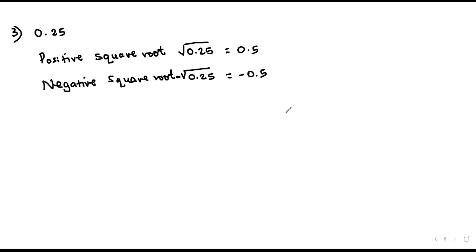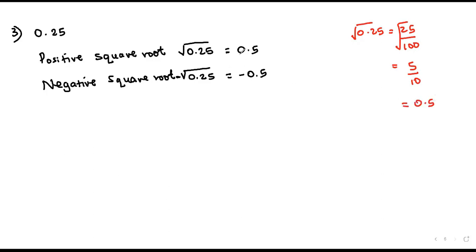And actually, to get this very easily, you can say that, okay, so 0.25, I know that it is 25 out of 100. And the square root of 25 is 5. And the square root of 100 is, what is the square root of 100? The square root of 100 is 10. It means that 10 times 10 is 100. So 5 out of 10 is the same as 0.5.